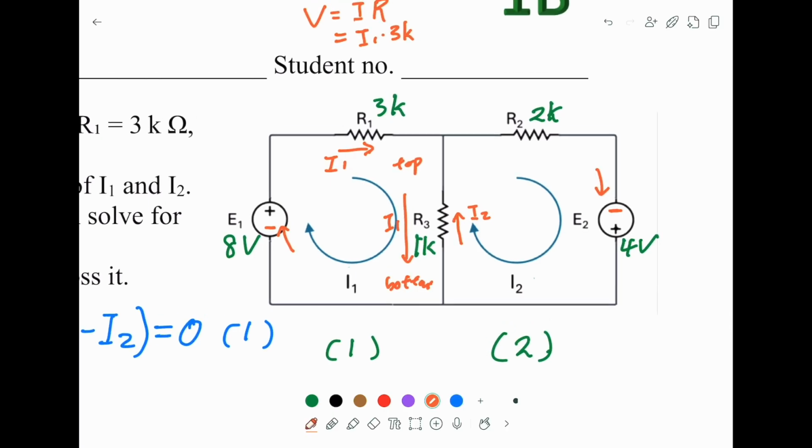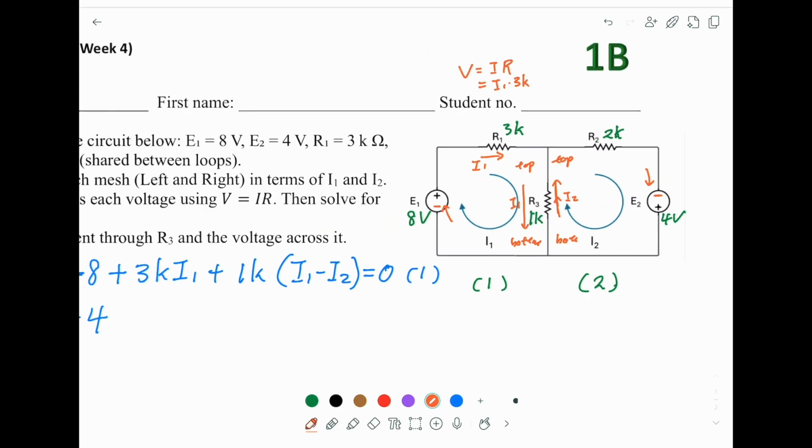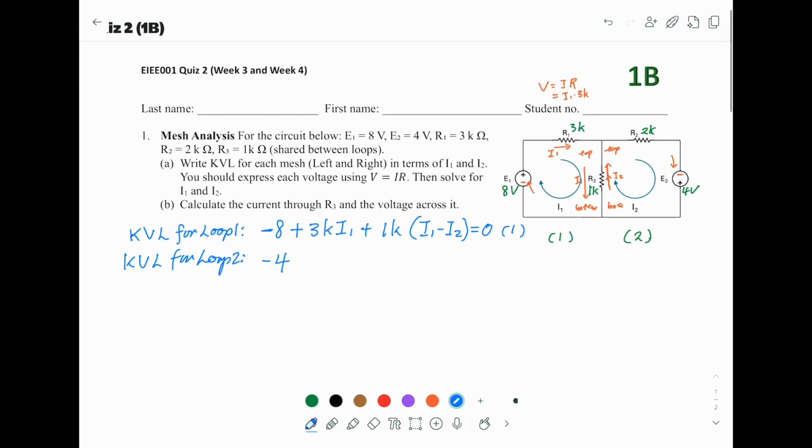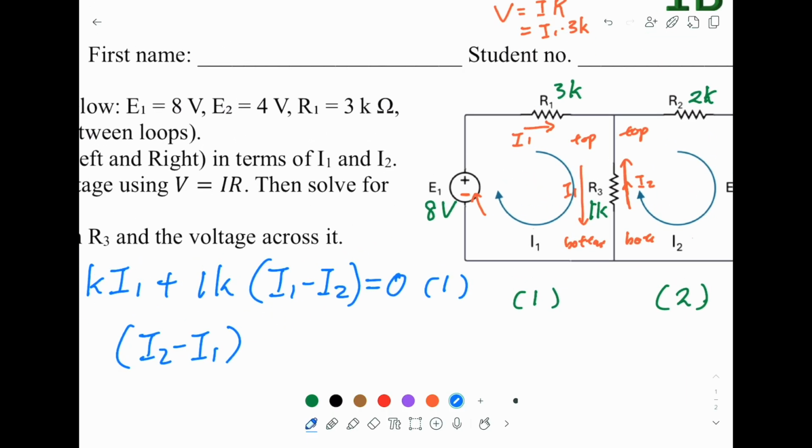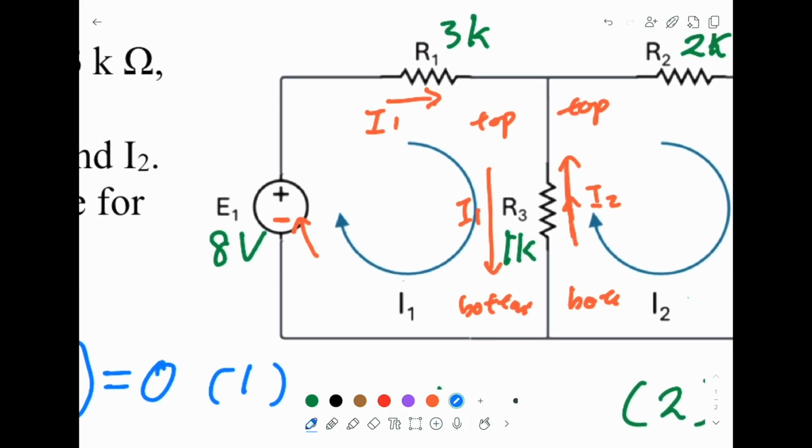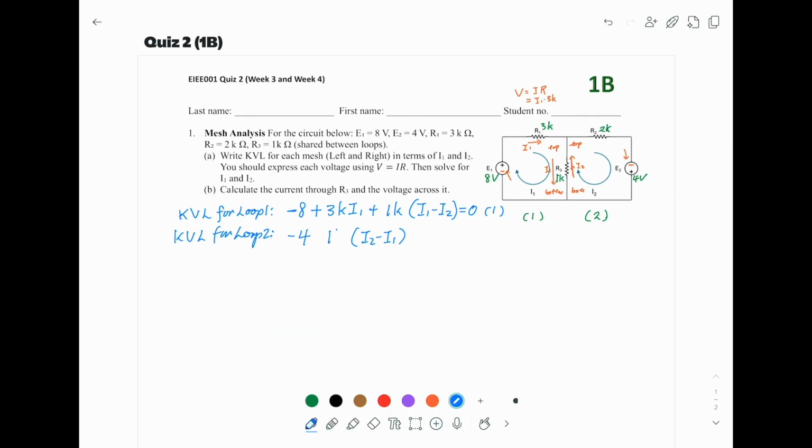Next, this time I2 for R3 is from the bottom to the top, so we have to maintain this direction. In this case, we have to make I2 minus I1, to make it consistent. So this is I2 minus I1. And the resistor is 1k, so I put 1k here and positive.